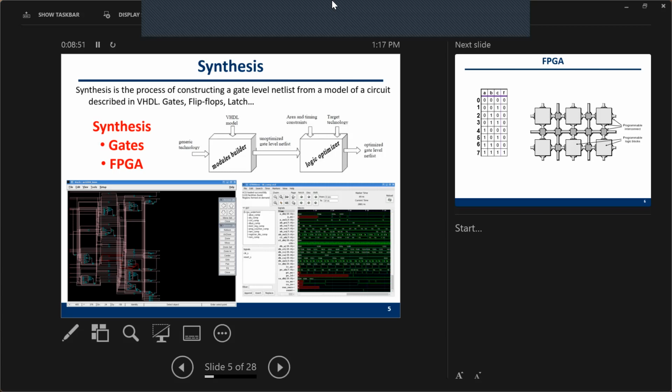And then you can input the process technology, like 45 nanometer. You can choose to use 45 nanometer, or 32 nanometer, or even 4 nanometer process technology. Then the software does the synthesis and builds your logic from some basic gates, like the universal NAND gate, which we introduced in the previous lecture.